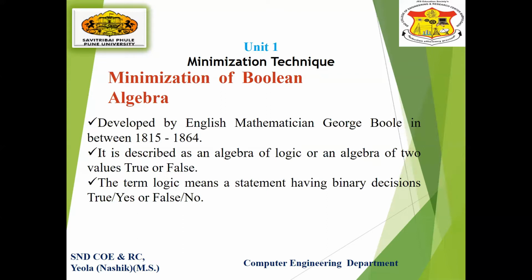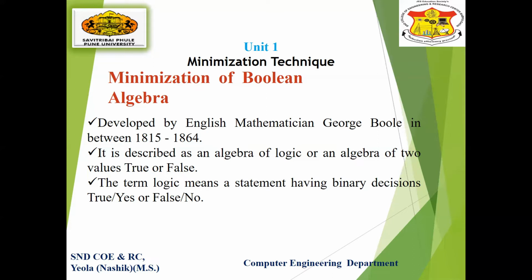The concept of Boolean algebra and Boolean functions was developed by the English mathematician George Boole, who lived between 1815 and 1864. He developed Boolean algebra, which is used to minimize techniques, and to minimize the maximum number of variables within a compatible output.